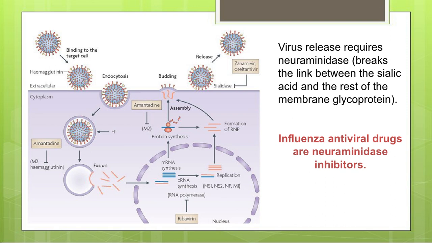So looking at the virus cycle of our influenza, this is our influenza virus here. It's going to bind to the target cell using that hemagglutinin, and then that gets taken in by the cell by a process called endocytosis. And then basically that will release all of its particles because we have a slightly more acidic environment here.